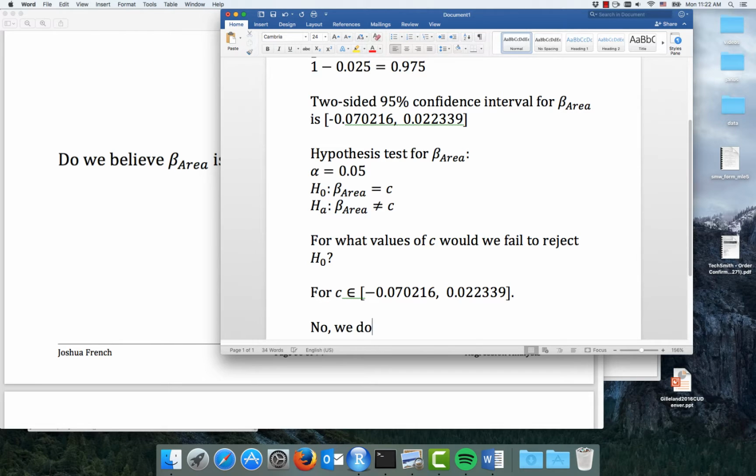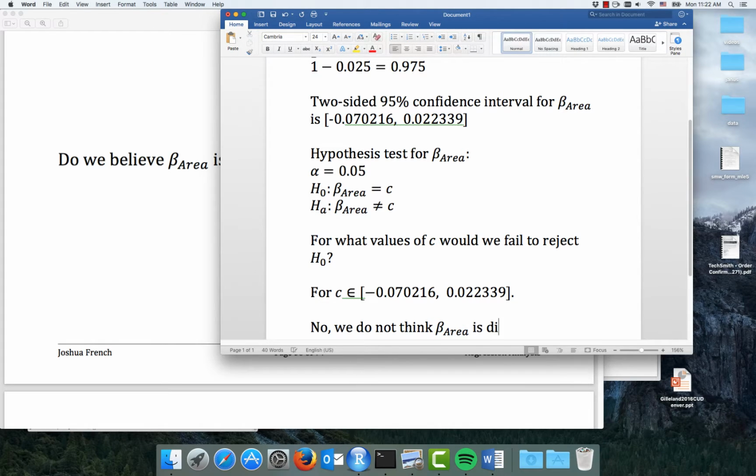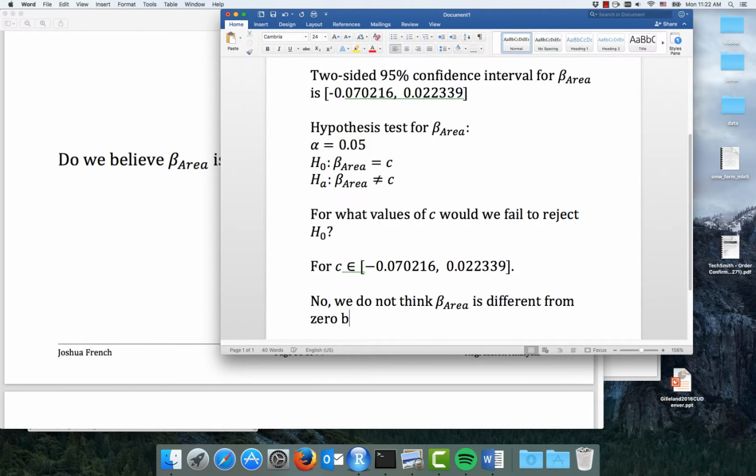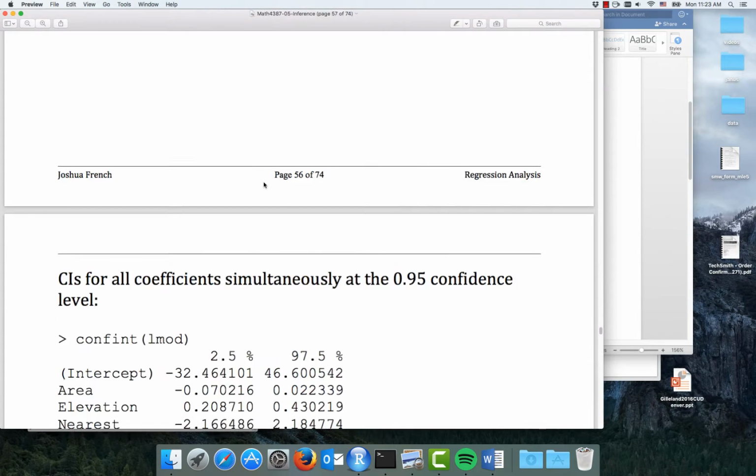So no, we do not think beta area is different from 0 because 0 is in my 95% confidence interval for beta area. So hopefully that makes sense. If not, then definitely let me know so we can clarify that in class.